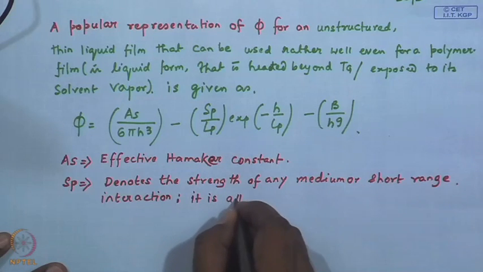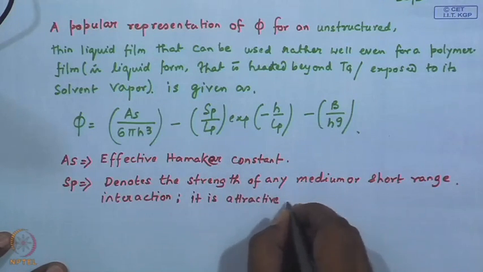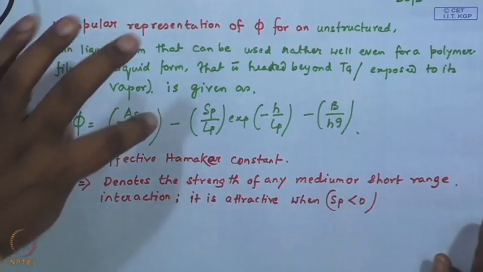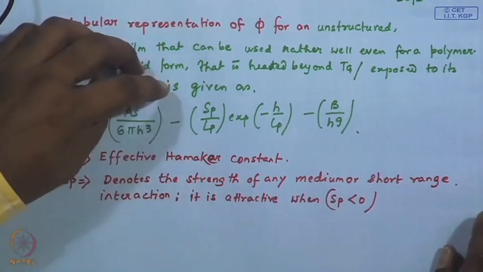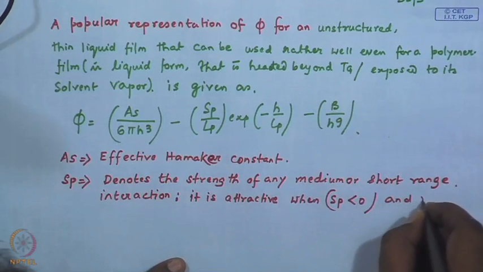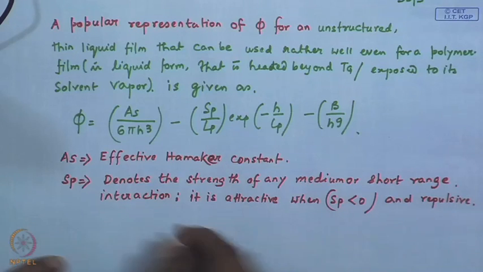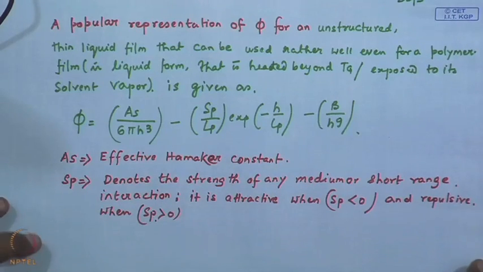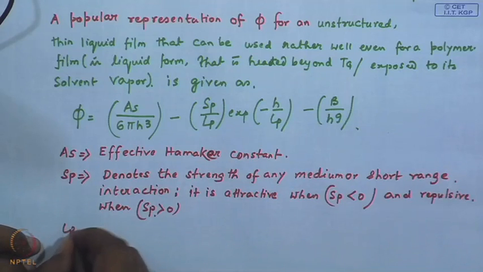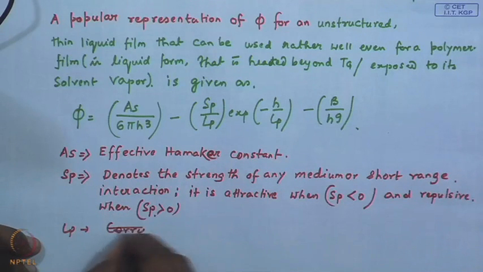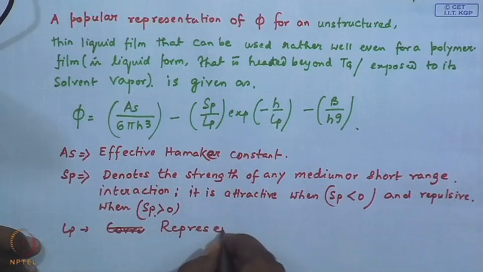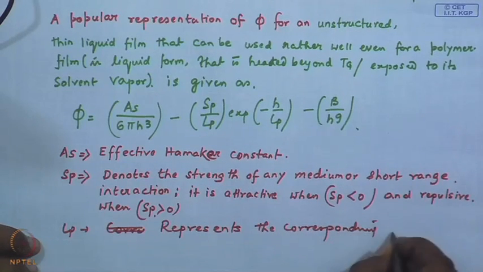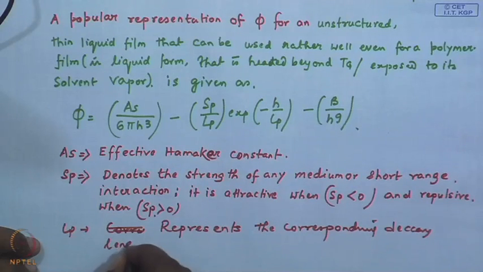It is attractive when SP is less than 0, and repulsive when SP is greater than 0, and LP represents the corresponding decay length.